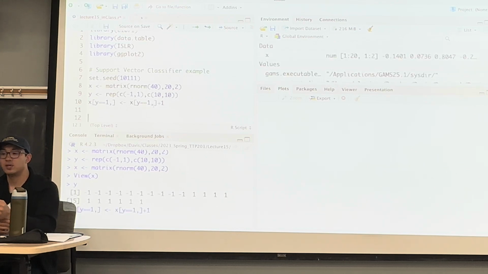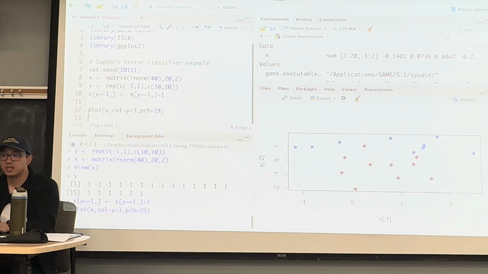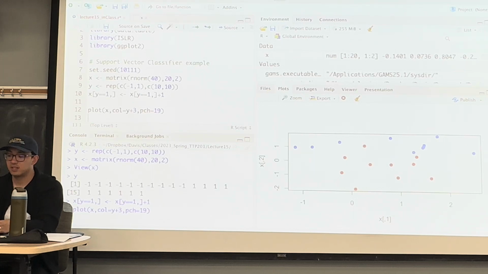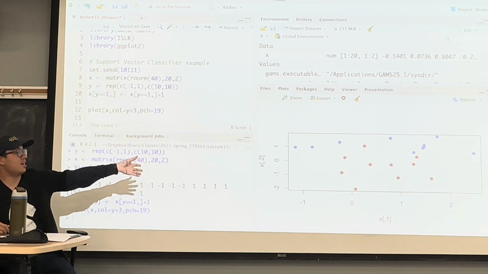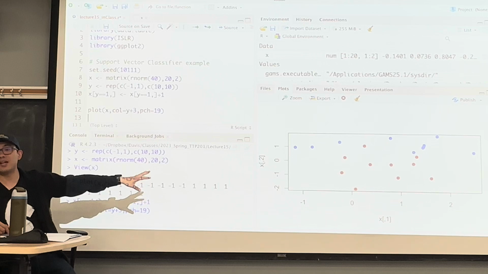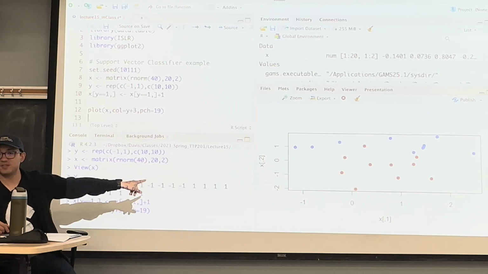I'm ordering things in a certain way, and let's plot this and see what it looks like. So we've got two groups of points, red and blue, and we want to use, so would an MMC work for this? What do you guys think?